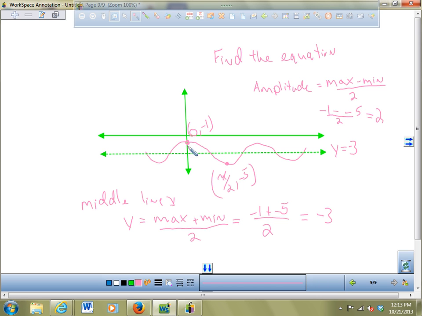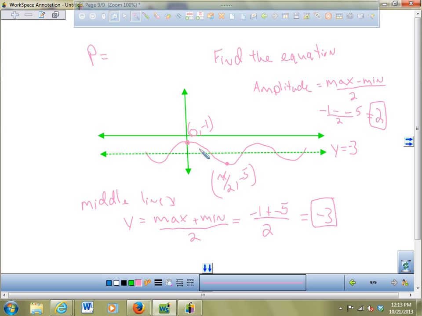Or you could just count how many spaces it is from negative 3 up to negative 1. So the amplitude in this case is 2, and I know my shift is negative 3, and then all I have to do is figure out the period, or the frequency.